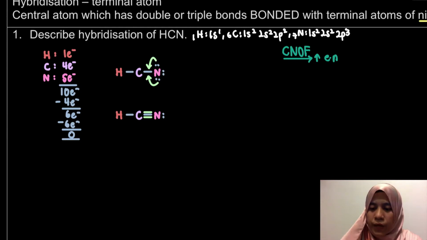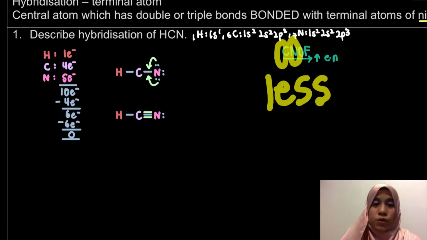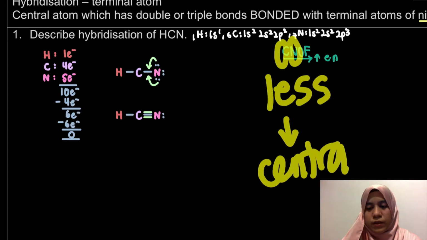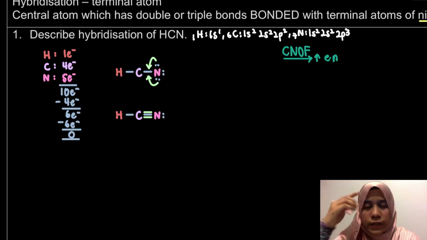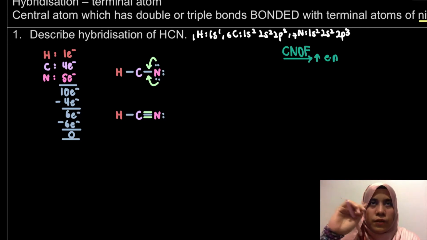So when we compare carbon and nitrogen, carbon is less electronegative, so it becomes the center. If you still remember, hydrogen is actually the least electronegative, but it can never be the center, because if hydrogen were the center, it would not achieve 2 electrons, it would have more. So hydrogen can never be the center, it must be another atom, even though it is the least electronegative.